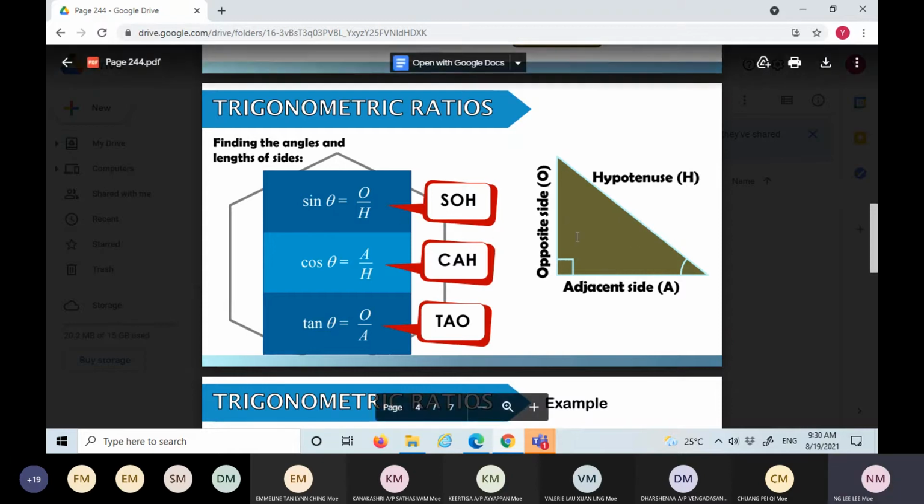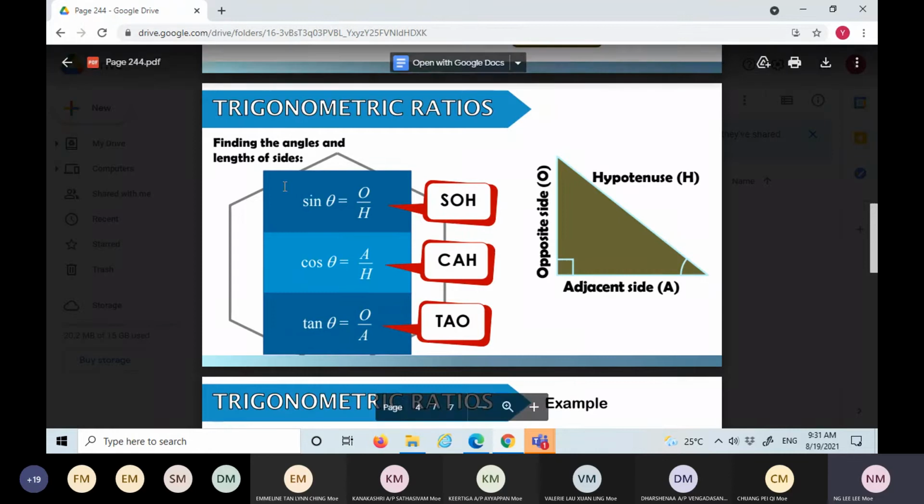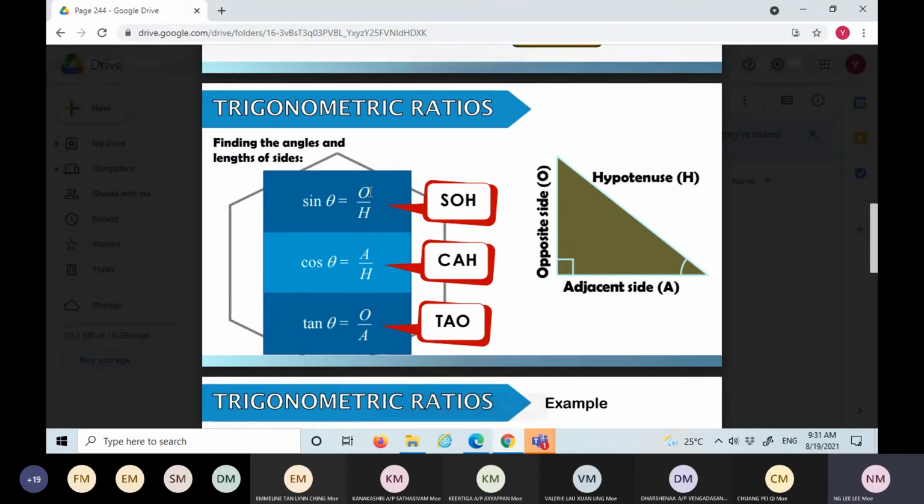Here they didn't label the theta. Here is the theta actually. So sine theta is O over H, opposite side over hypotenuse. Cos theta is adjacent side over hypotenuse.